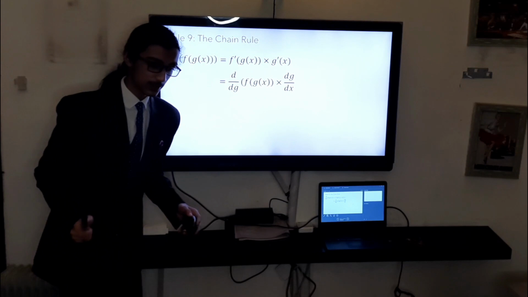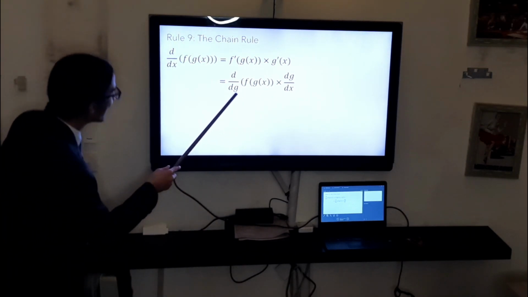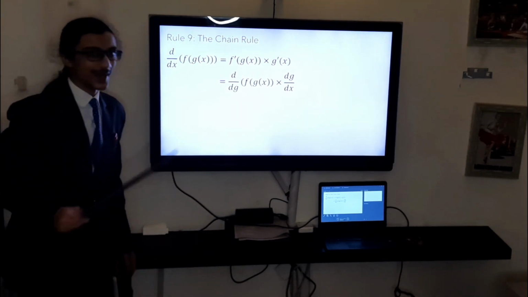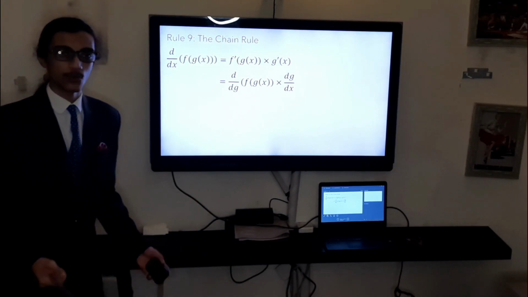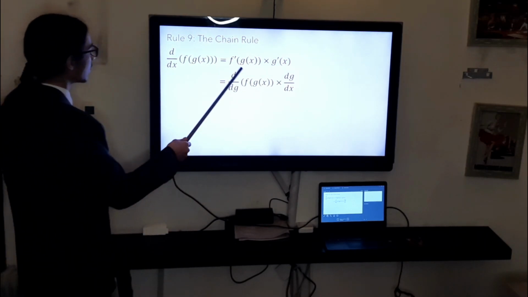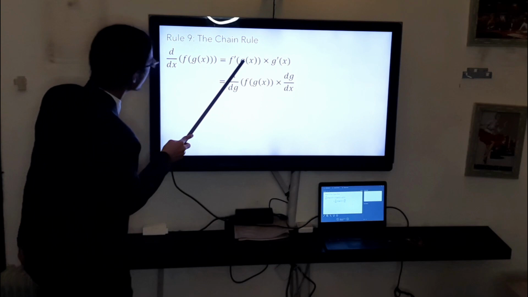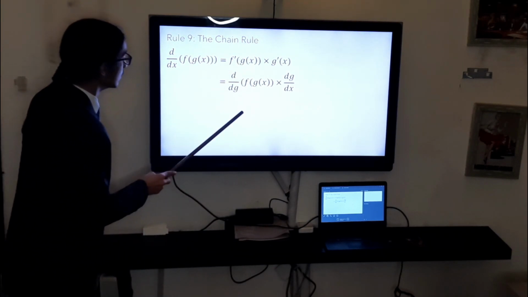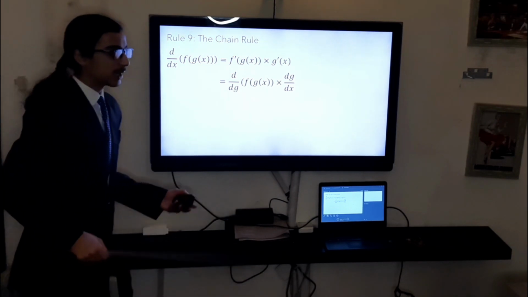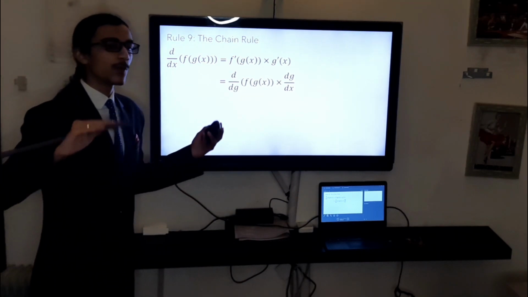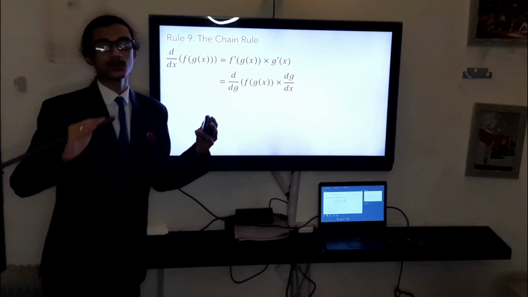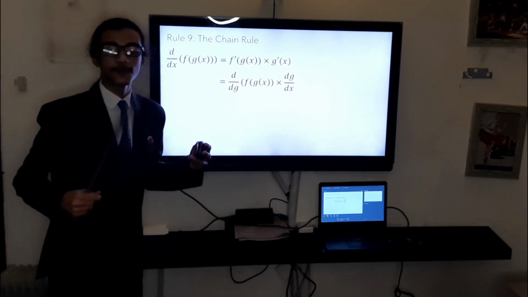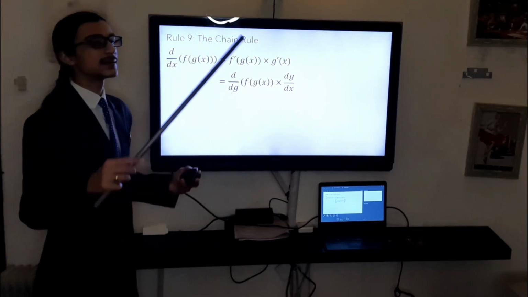Oh, I do want to mention one thing: when we write this in Leibniz notation, it's kind of weird. That's a theme with the chain rule. It's a little bit weird. So when we want to write this in Leibniz notation, how do we write f prime of g of x? Well, we write d by dg of f of g of x. And you might wonder why. Remember when I say the derivative of f of x with respect to x, that is df dx.